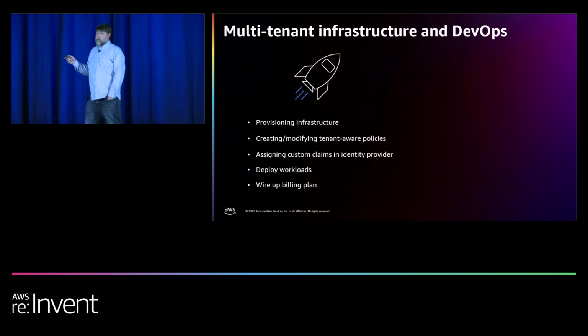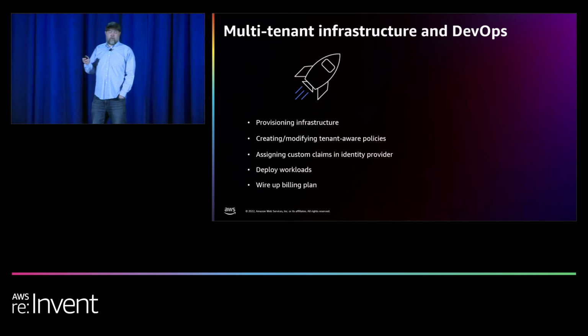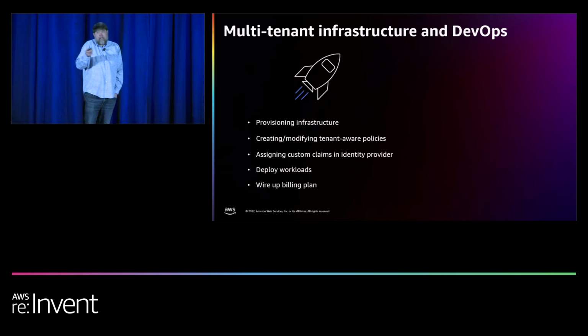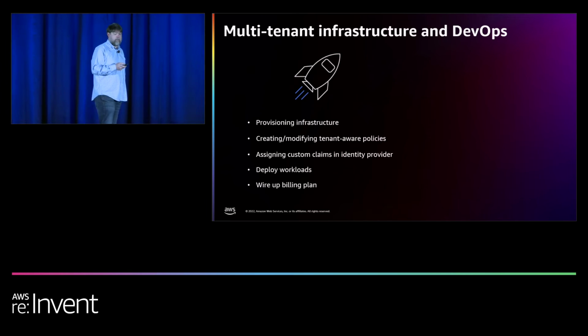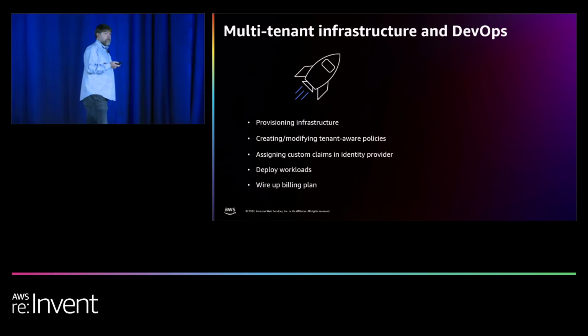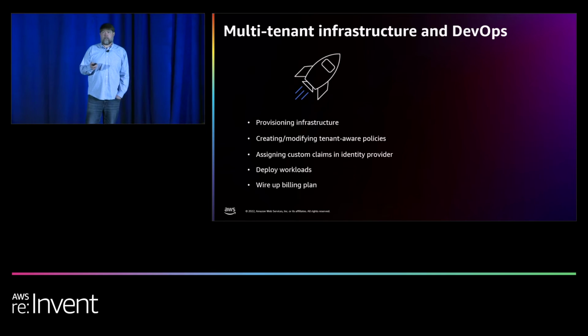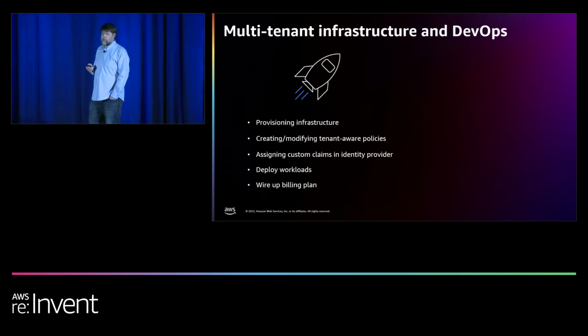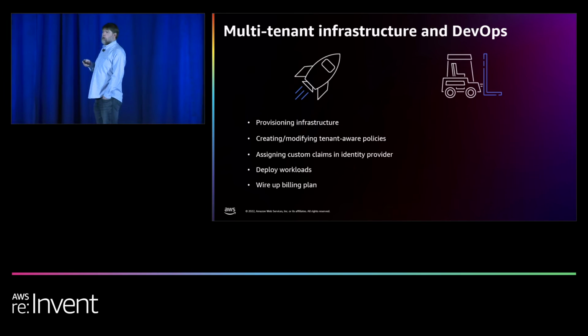You're going to have to set up those custom claims in your identity provider. You might have to deploy some workloads. It depends on how your architecture is set up. You're probably going to have to wire up a billing integration or some other third-party integration that your solution depends on.